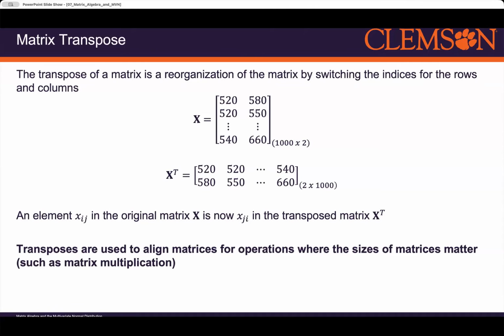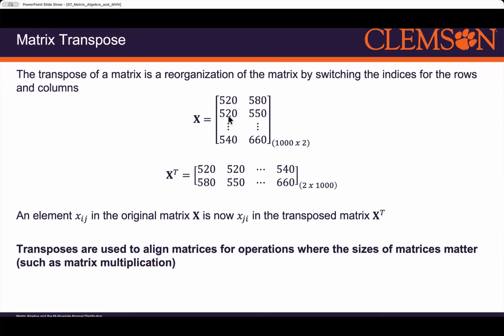Okay, let's talk about a few matrix operations here. First being the transpose. The matrix transpose is a reorganization of the data, switching the indices for the rows and columns. So for instance, if X was 1,000 rows with 2 columns, where SAT verbal and SAT math are the columns and person 1 through person 1,000 are the rows, X transpose would be a 2 by 1,000 matrix, where now the first row represents SAT verbal.